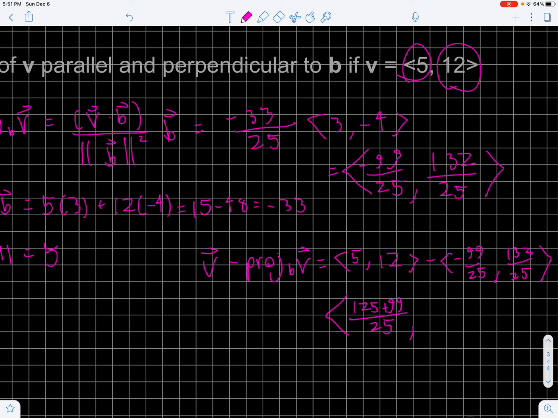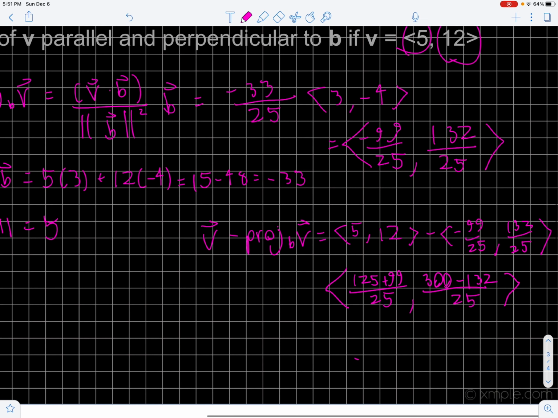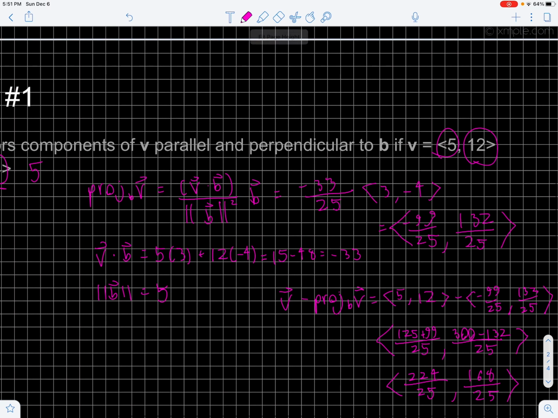Then what is 12 times 25? That's 300. 300 minus 132 over 25, which gives us 224 over 25 and 168 over 25. That is our perpendicular component.